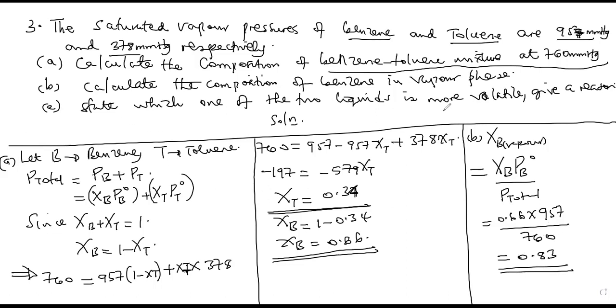State which one of the two liquids is more volatile. Of course, even if you look for the composition of toluene, by getting 1 minus this, it can't be greater than this. So it means that benzene is more volatile because it has a higher vapor composition.